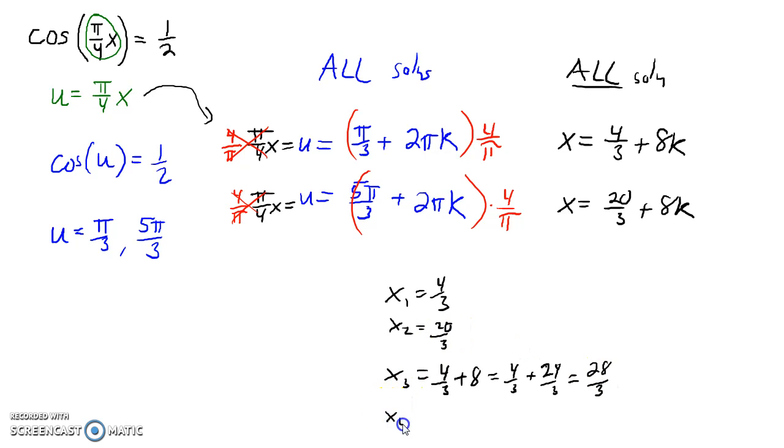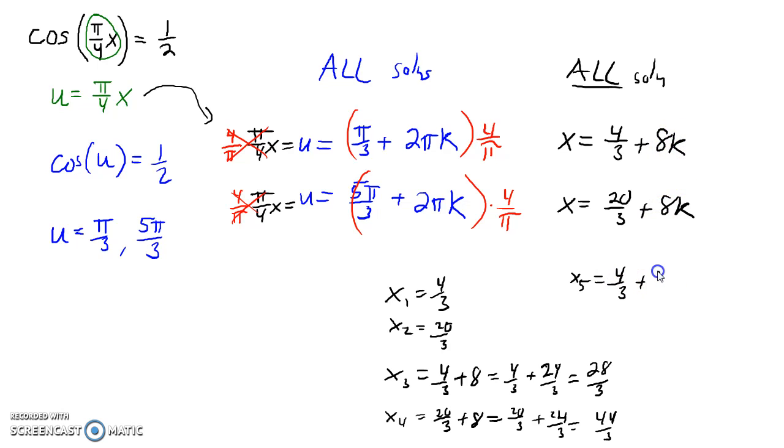My fourth solution is going to be my second solution here plus, again, one full period. So we end up with 20 thirds plus 24 thirds is 44 thirds. There's solutions 1, 2, 3, 4. If I wanted a fifth solution, it would be 4 thirds plus, now I'm going to let k equal 2.